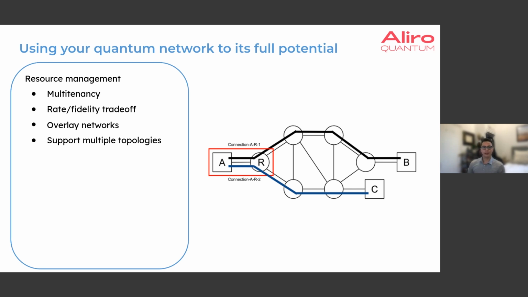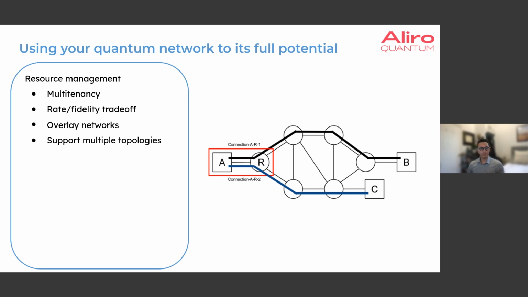But given how the network is set up here, both of those requests will inevitably have to go through this first router or repeater R. So if there are sufficient resources, we're going to need to manage and orchestrate servicing both of these connections simultaneously, right? So thinking about resource usage and resource optimization, we can support things like multi-tenancy, and we can have multiple users and multiple applications running at the same time on the network.